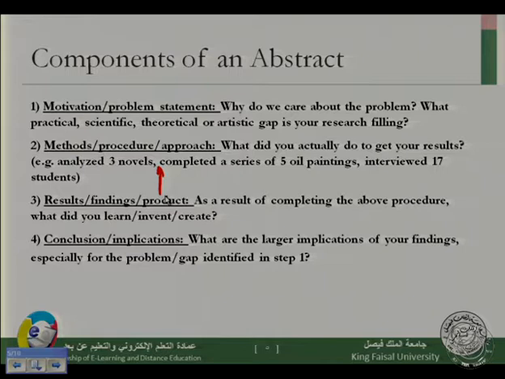Or you just tell us what we learn from your research, your recommendations, or the important results in your research. And number 3 is very critical, because some people tend not to tell us about their results in the abstract. Why? Because they want to leave it until the very end of their research.